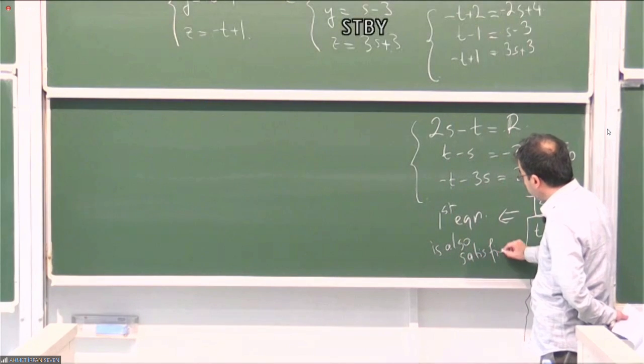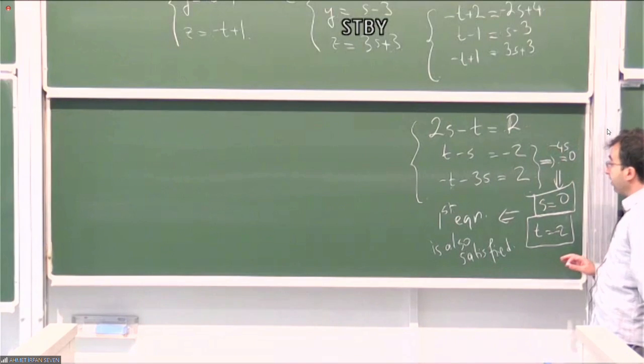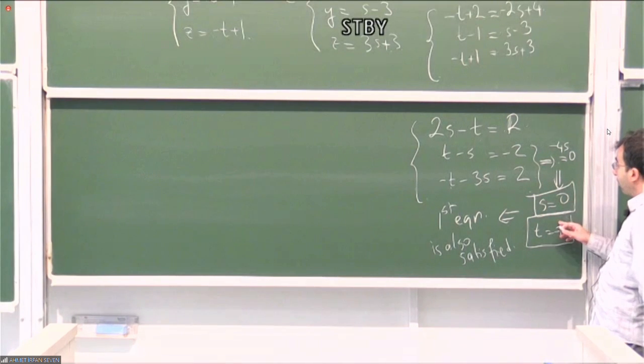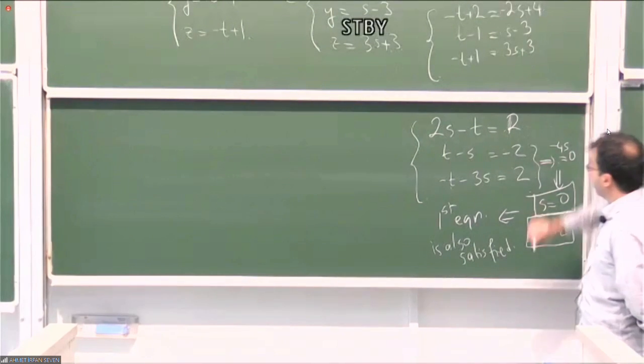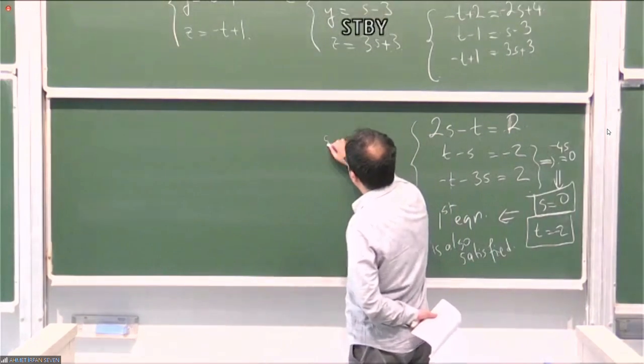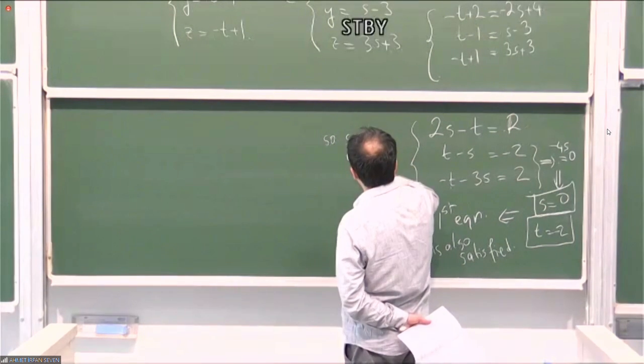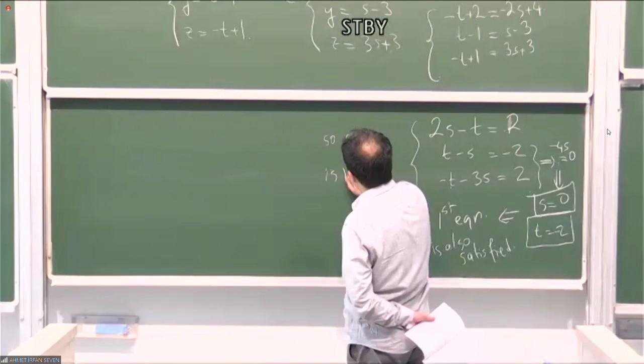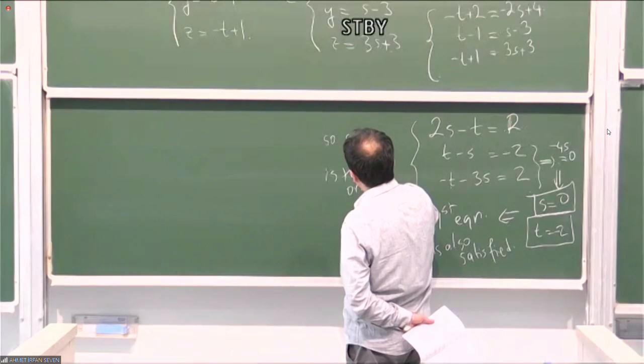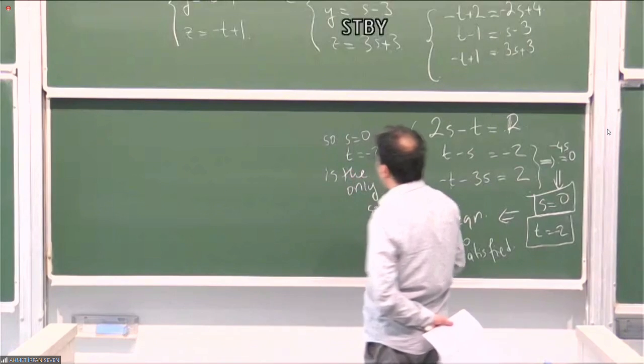So really s equals 0, t equals minus 2 is the only solution of this system.